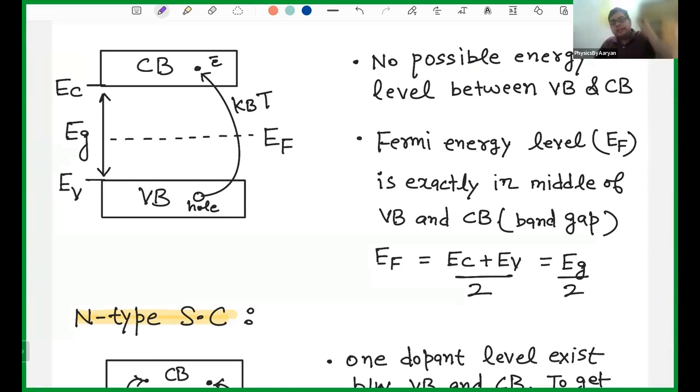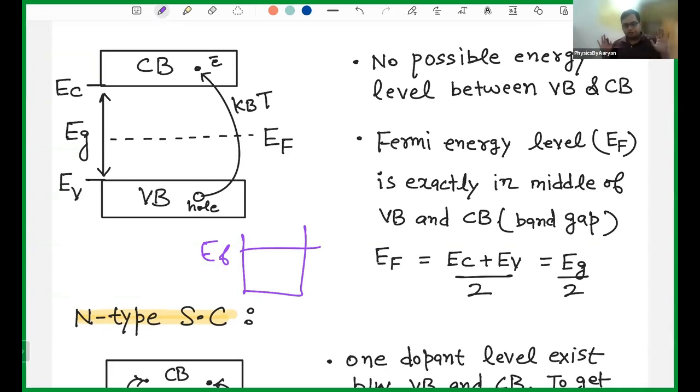Fermi energy tells you, in electronics, at what energy level on average your system is at. You can think that you have a system like a bucket and you have water in it. Up to whatever level your water is filled, that is known as Fermi energy in electronics. You can make this assumption, nothing will break down.